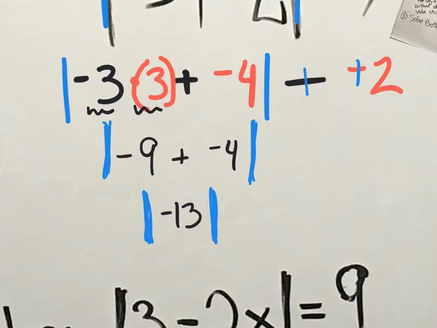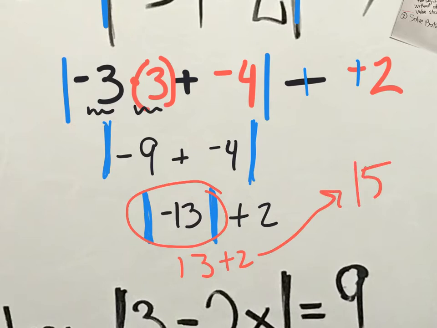So that's really just +2 at the end of it all. So this is what I have so far, and I'm almost done. I'm at my last step. The absolute value of -13 plus 2. Well, what is the absolute value of -13? That's just +13. And 13 plus 2, 15 is the final answer there. 13 plus 2 is 15.